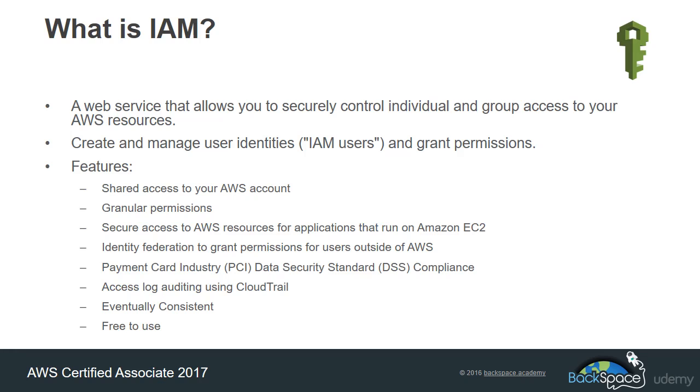As a global service within Amazon Web Services, the IAM service needs to be updated across that global infrastructure. So if we make a change to IAM, it's going to take a certain amount of time for that change to be propagated across the global infrastructure. That's not going to be a big amount of time.